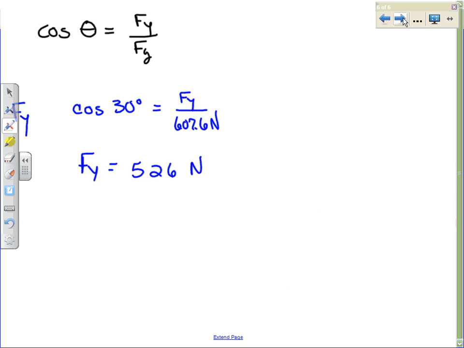So when I look at my summation of forces, that's going to accelerate our skier. We have F of x down the incline, frictional force holding it back will equal ma. I'm trying to figure out frictional force.